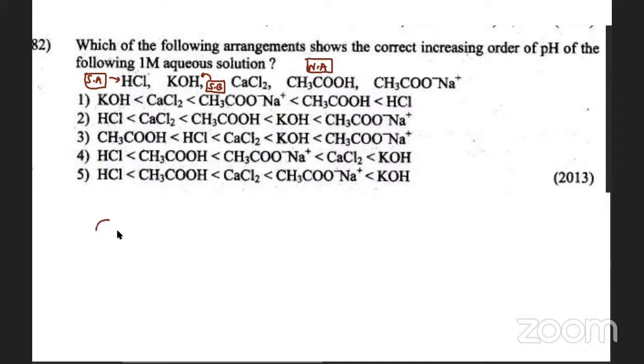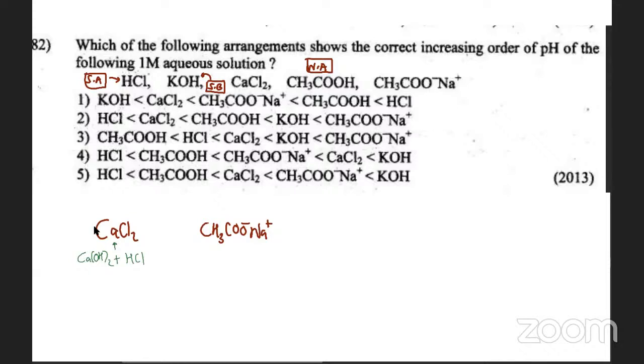Now, when you take calcium chloride, it's a salt. When you have sodium acetate, it is also a salt. When you want to decide the acidity or basicity of a salt, think of their origins. Calcium chloride means you have to think of the base and acid which created it. Calcium hydroxide and HCl will react to form calcium chloride.